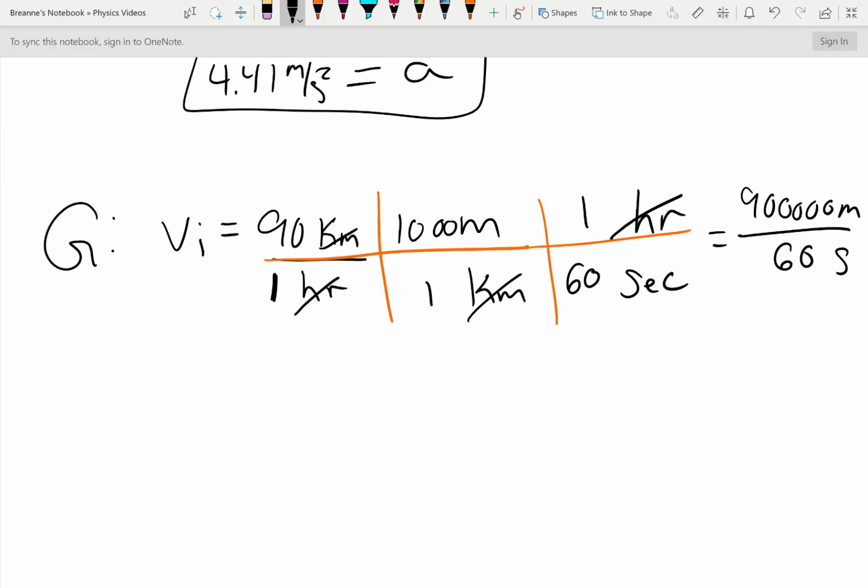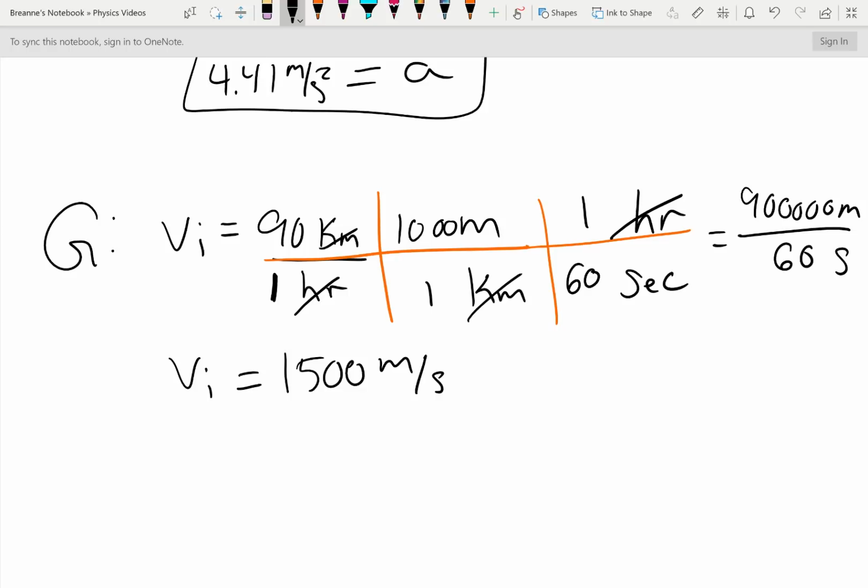And that is meters per second. And that gives you a velocity of 1,500 meters per second. So that is our initial velocity.